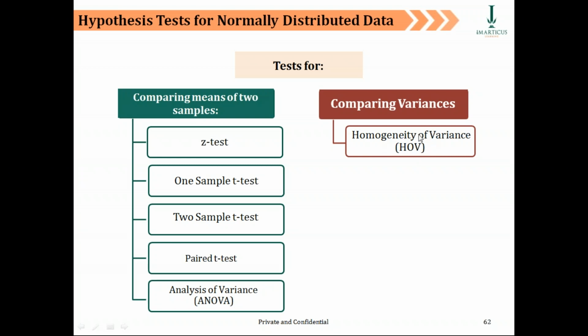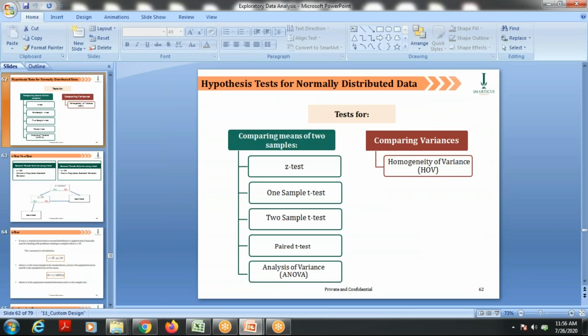So these are the primary tests which we use in day-to-day life to compare how good or bad your data is for normally distributed data. So be careful. It is very specific, saying that all these tests are used when your data is normally distributed. If your data is not normally distributed, then there are other methods that we will talk about.